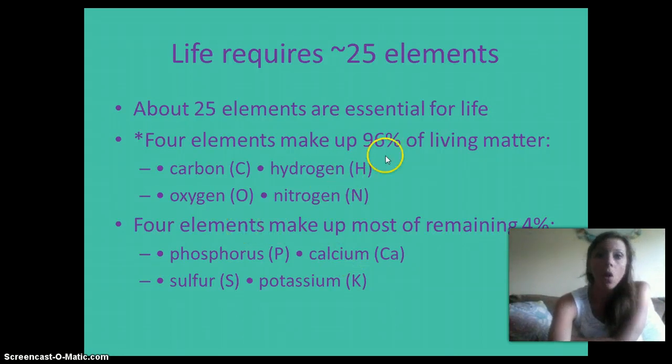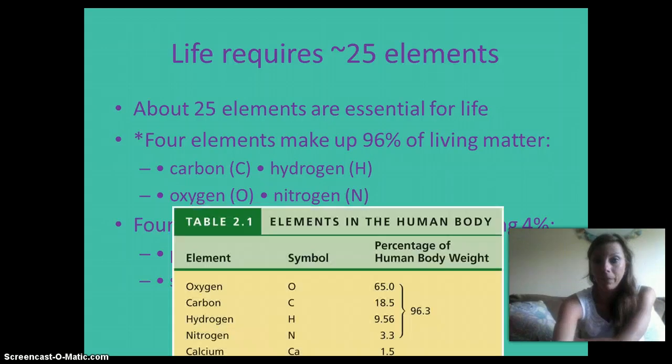So H2O, that is the hydrogen and oxygen. We get carbon from the food that we eat and nitrogen from the air that we breathe. Other elements that make up the rest of living things are phosphorus, calcium, sulfur, and potassium. And we get these from the foods that we eat.